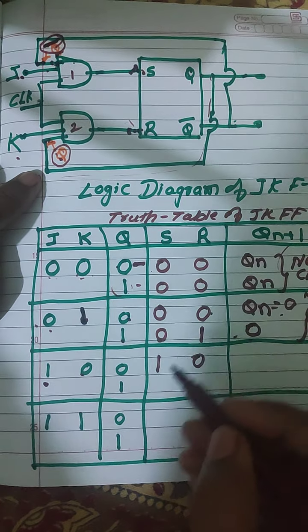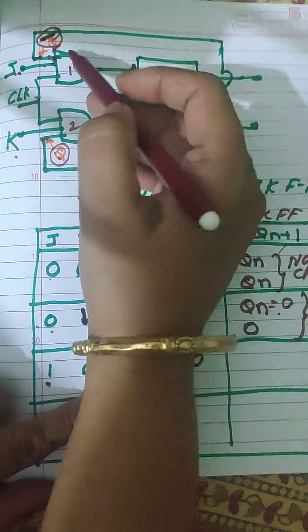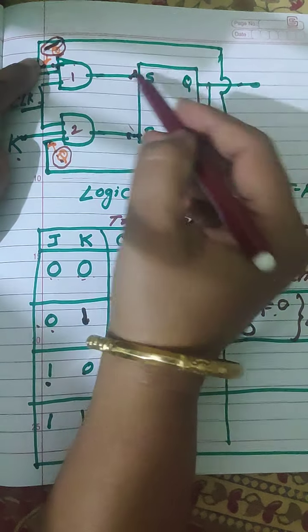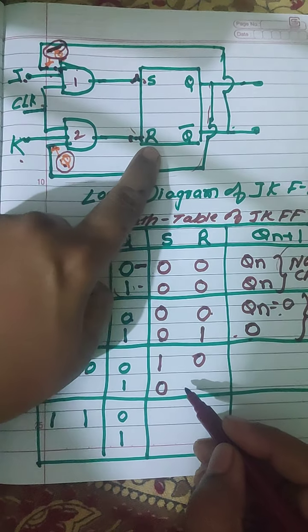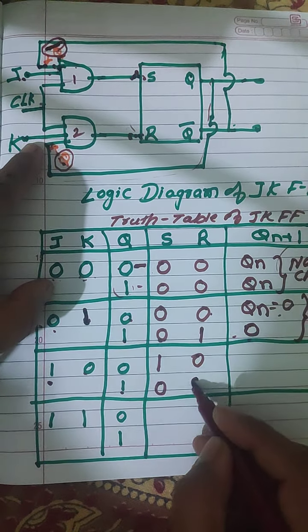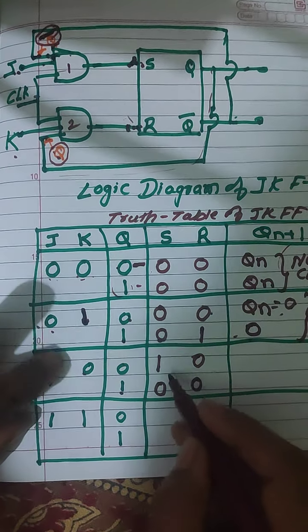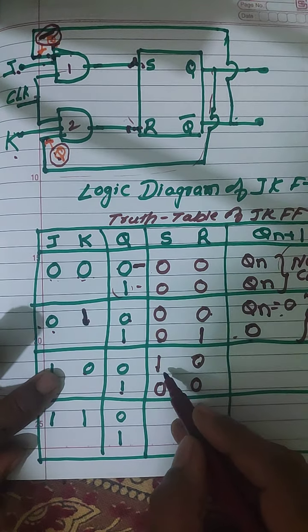And what will be the value for Q equal to 1? When Q is equal to 1, Q bar is equal to 0. So S is equal to 0. What is the value of R? Q is equal to 1, so whatever K value is there, it comes over here. So 1, 0 means it is going to set, meaning Qn is going to become 1.